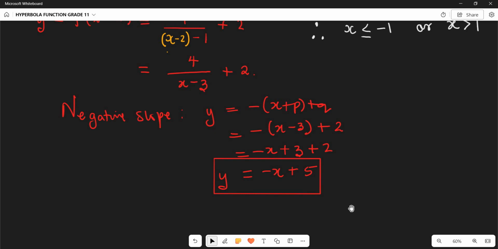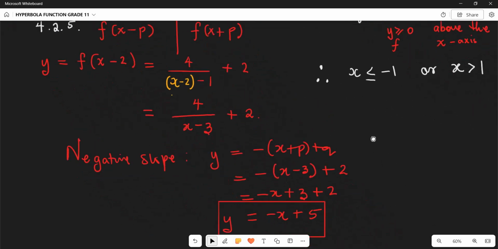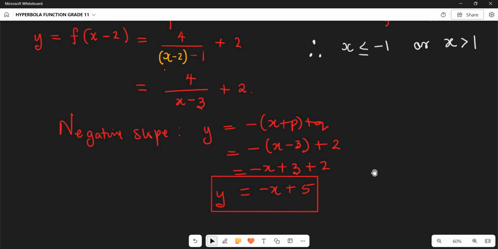Then this answers 4.2.5. That is the axis of symmetry with the negative slope.